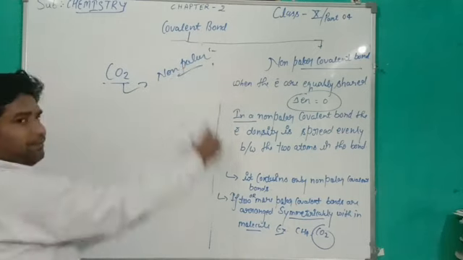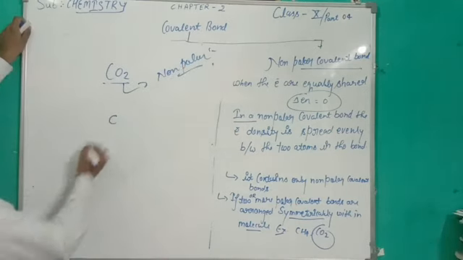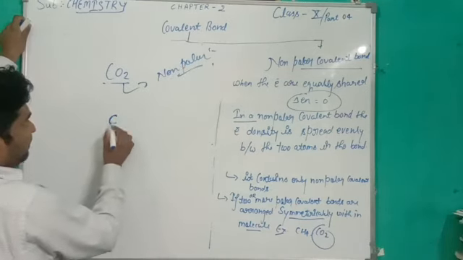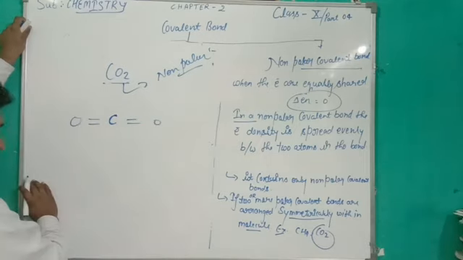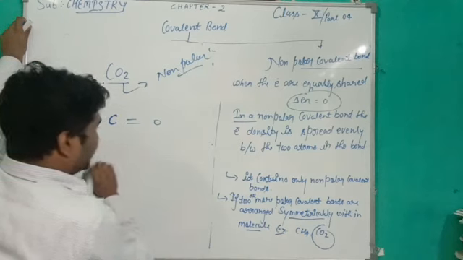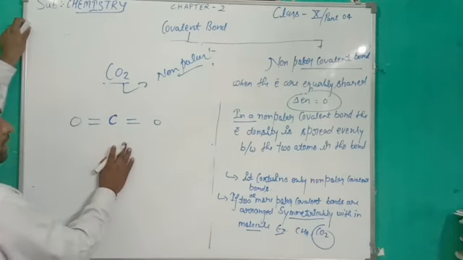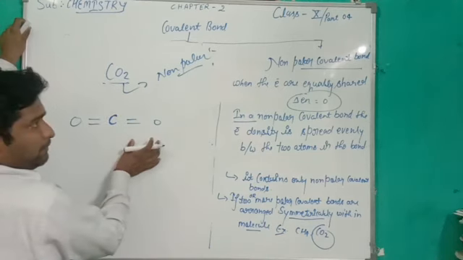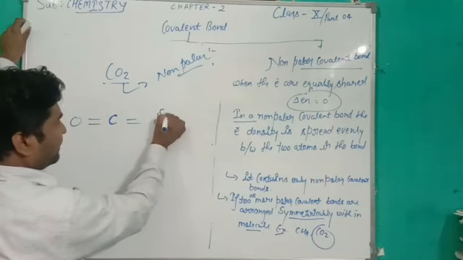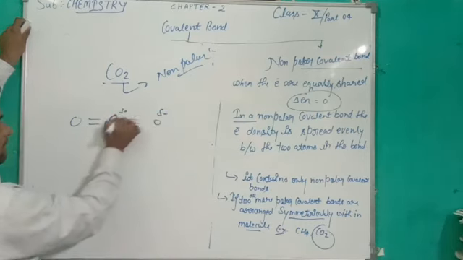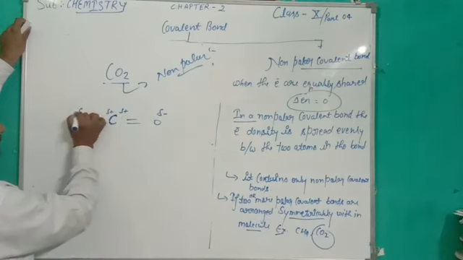How can we justify? Okay, look here. In this carbon, one oxygen is here and one oxygen is here. What is the dipole direction? This is the partial negative charge. This is the partial positive. Here it will be a partial negative charge.